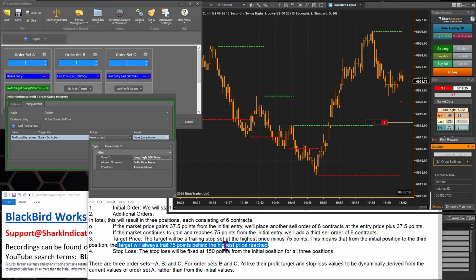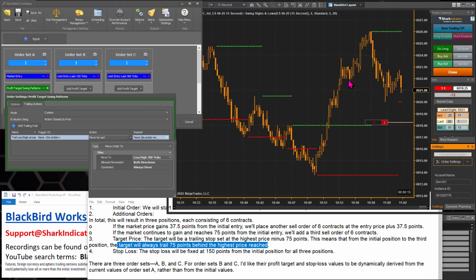So for a sell order, we're going to move that profit target higher and higher and higher. And if it's a long trade, we're going to move that profit target lower and lower. So we're going to restrict the movement here. Yeah, we want to use against direction.